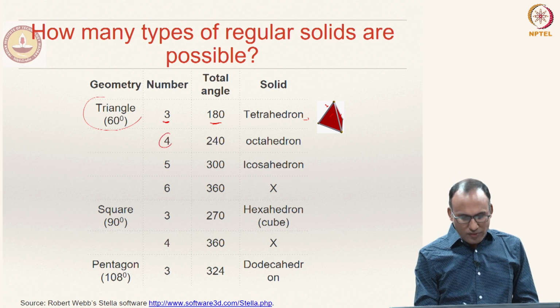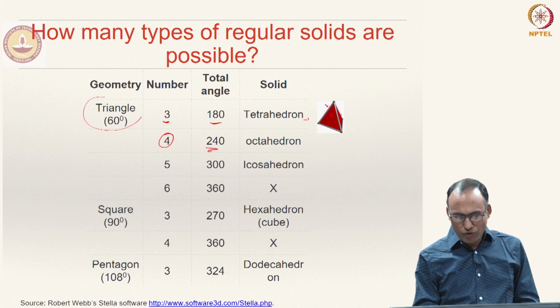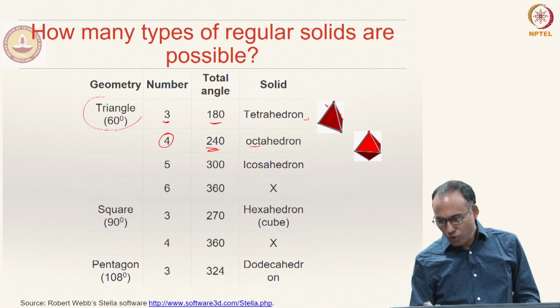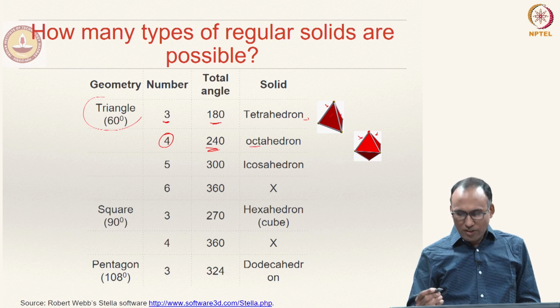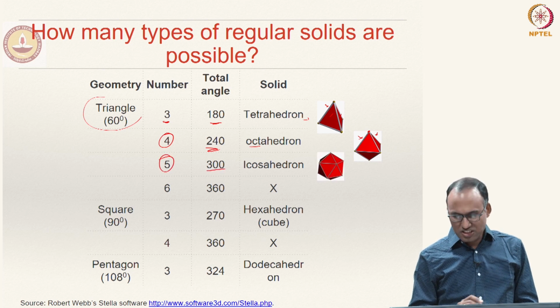Okay. So, then only then it is called a regular solid. And suppose if 4 triangles meet at a point, 4 times 60 is 240, still less than 360 and hence that will be your octahedron. So, at a point you have 4 of them meeting 1, 2, 3 and 4, right. So, that will be our octahedron. If 5 of them are meeting, 5 times 60 is 300.